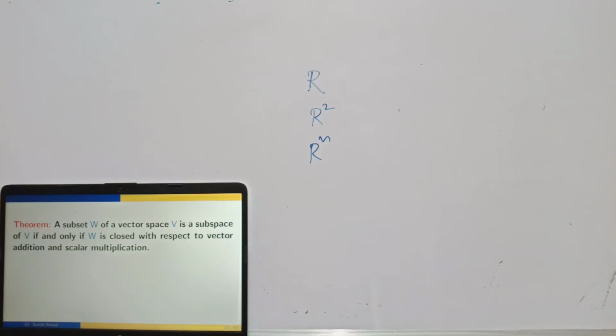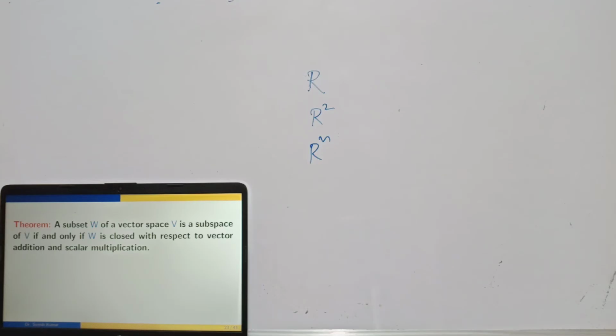This theorem says that if you want to check W as a subspace of V, simply verify two properties: W is closed with respect to vector addition and W is closed with respect to scalar multiplication. Both closure properties are satisfied.